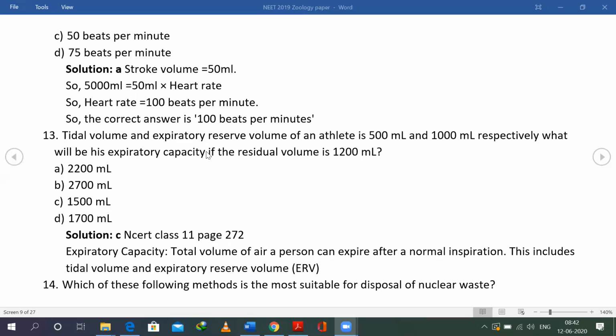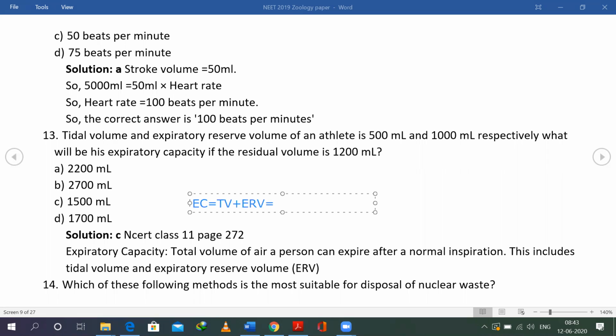But since they have asked the expiratory capacity, that is EC, expiratory capacity. IC is inspiratory capacity. EC is TV plus ERV, right? That is tidal volume plus expiratory reserve volume.